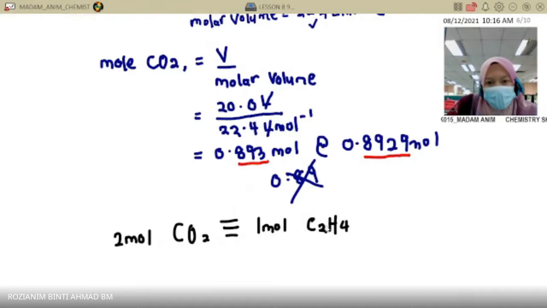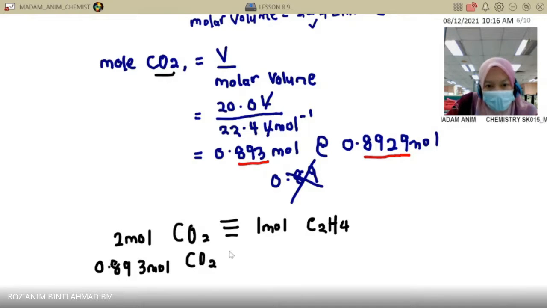Okay. Maklumat yang kita ada sekarang adalah mol carbon dioxide. Sebab tu sebelah kiri kita akan tulis carbon dioxide dulu. So if we have 0.893 mol of carbon dioxide, it's equivalent to, triple juga kita nak cari data di sini.